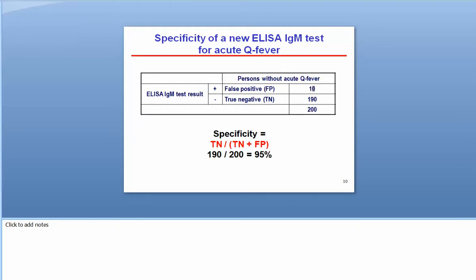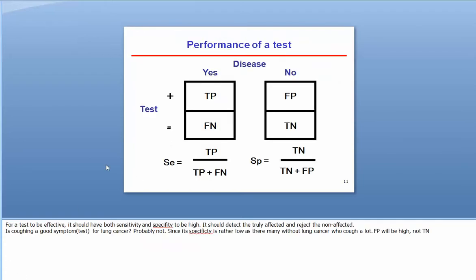So this is bad. But 190 over 200 gave a 95% specificity. So it's pretty decent, but anyway, these 10 individuals had to worry for no reason because their test came positive, but they don't have the fever, right? Okay, all right then. So let's go to the next slide.